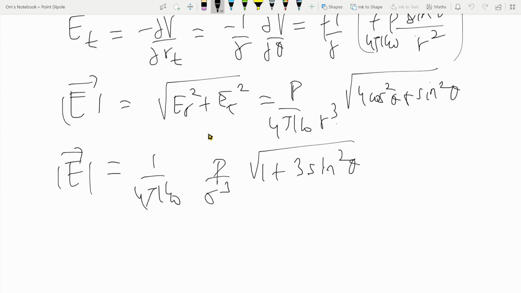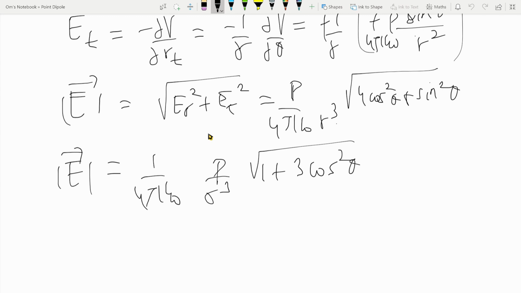And talking about those two cases, we will find that we'll get the result when we put the angle theta equal to 0 and angle theta equal to pi by 2. Okay, I just noticed something. This is actually cos square theta, not sine square theta.